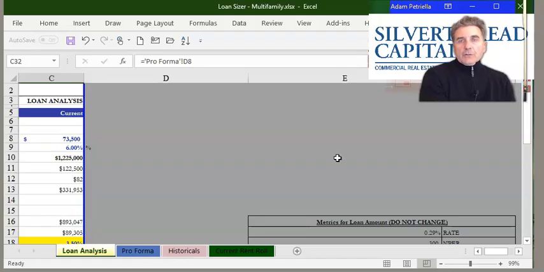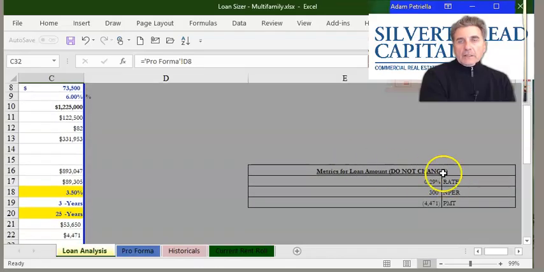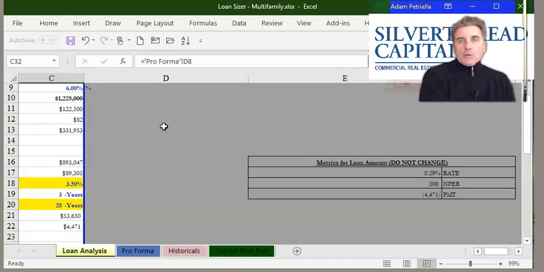If you want to use Excel, and here it is, we baked in all of these numbers using Excel formulas. You'd have to go to the financial formulas, the present value formula. This is basically a present value formula, and all of the metrics are plugged in here as months.